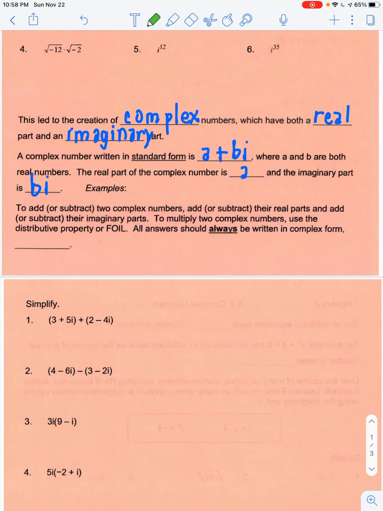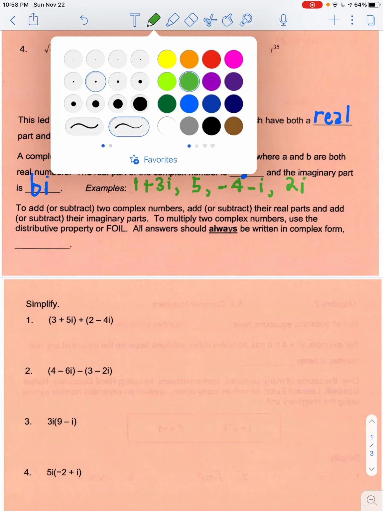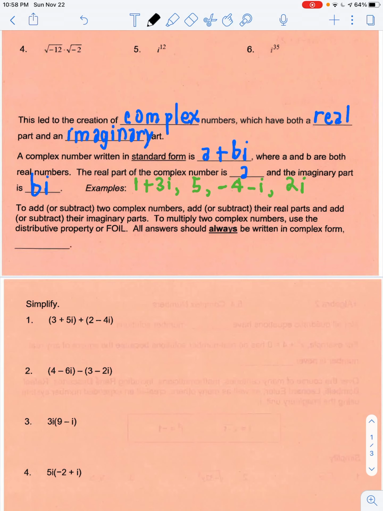Some examples of complex numbers would be 1 plus 3i, or 5, or -4 minus i, or 2i. Now, keep in mind that the number 5 is just showing that you have a real part and the value of b for the imaginary part is 0.